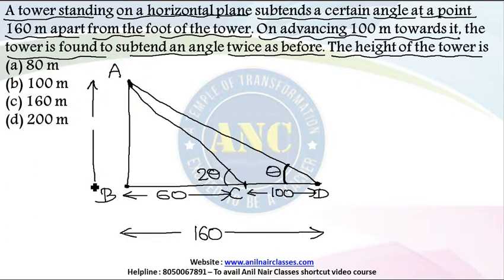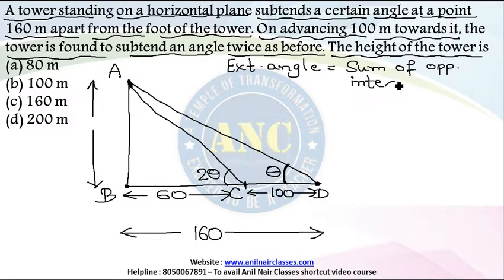Now listen carefully. Simple logic. I told you that the exterior angle is equal to the sum of the opposite interior angles. Now the theta value is given in terms of a variable. I don't know the value of theta.